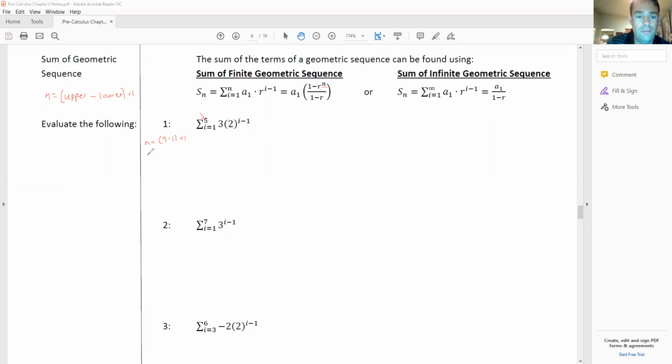So I am going to have 5 terms here. And we need to know what the first term is, the first term in this particular sequence. So I'm going to take my 1, since that was my lower bound, my lower limit, and plug that in. So 1 minus 1. So a sub 1 is 3.